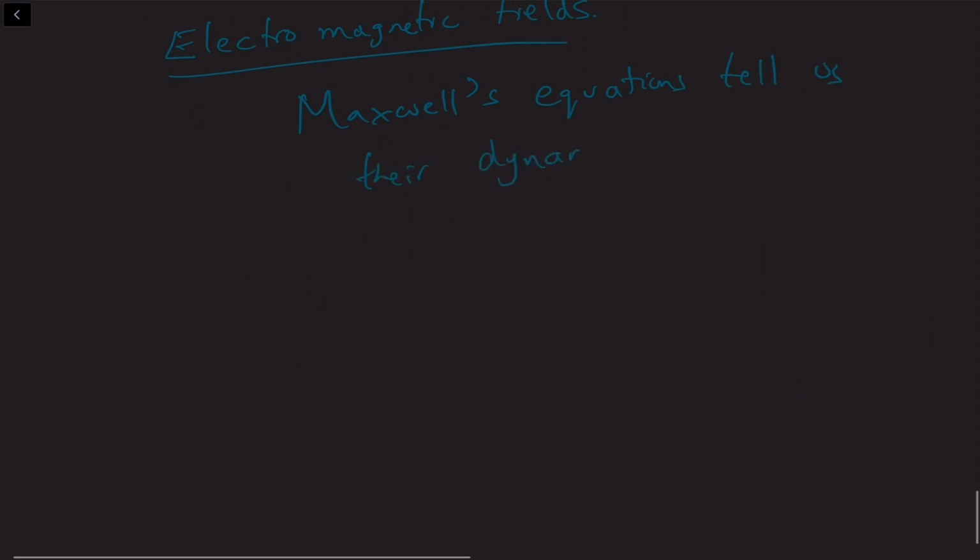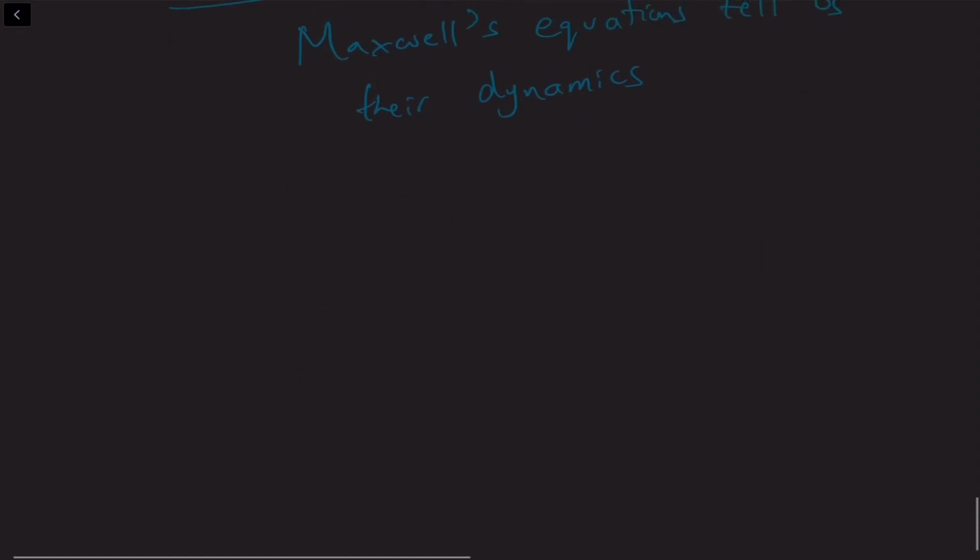So I'll just write down Maxwell's equations. So the first one is about the divergence of the electric field is related to the charge density at a particular location. So this is the divergence of the electric field at a particular location x and t, and this is the charge density at that location x and at the same time t.